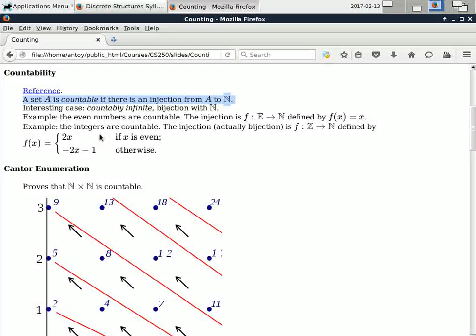Is this countable? Can I find an injection? And even more, can I find a bijection between this and the natural numbers?